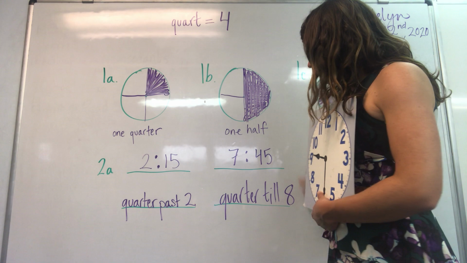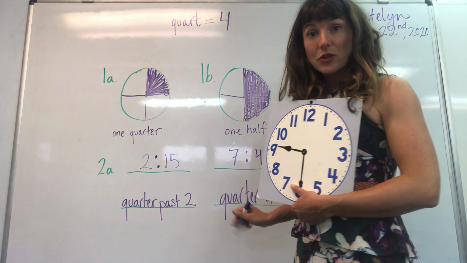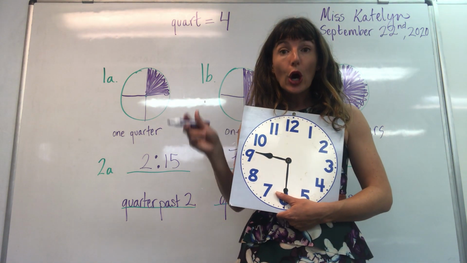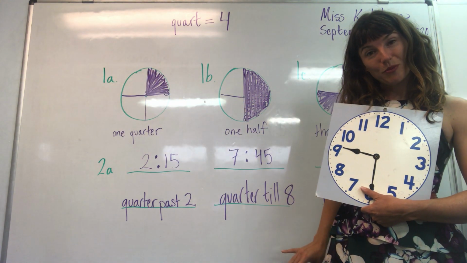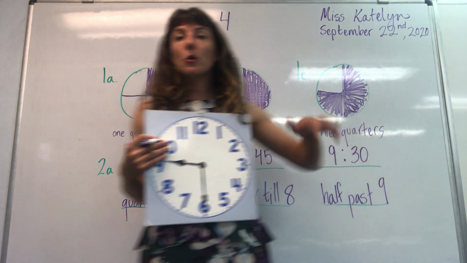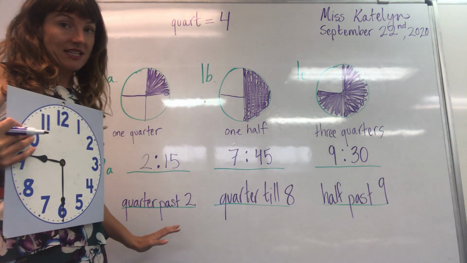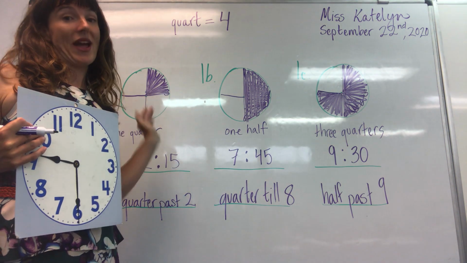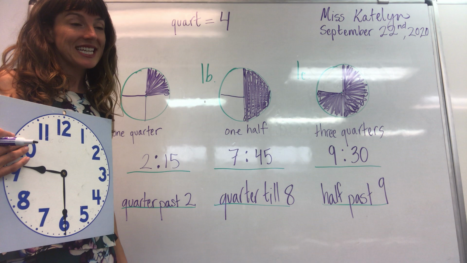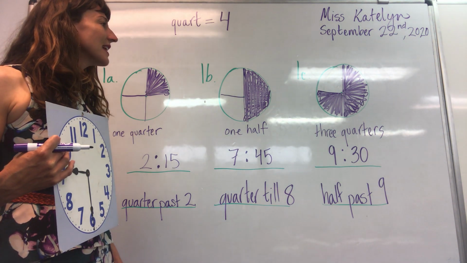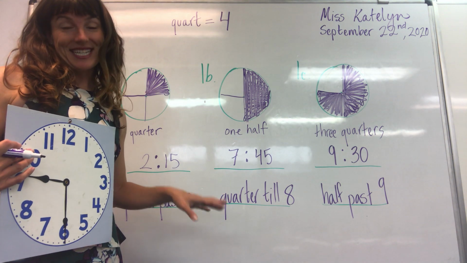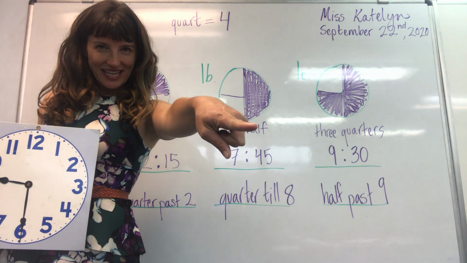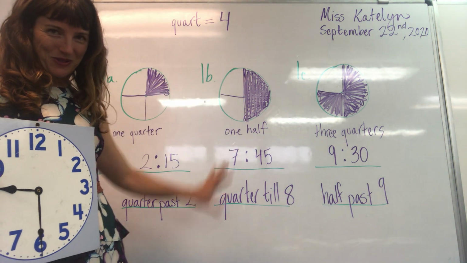And 2B kind of looks like 2D. I want you to try it on your own now while I change the work on the board, okay? So if you want to go back and take a look at any of this, you are free to pause the video and rewind and take a look at this, okay? But right now what I'm going to do is erase this. You're going to do 2D and I'm going to erase this. Go!